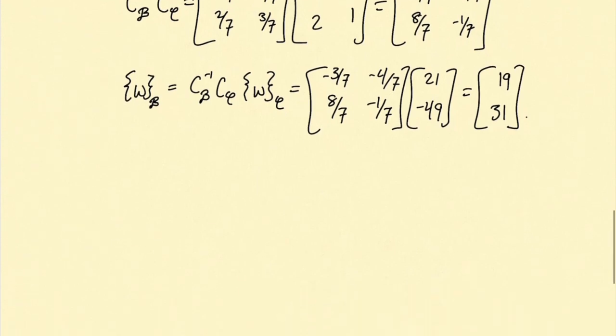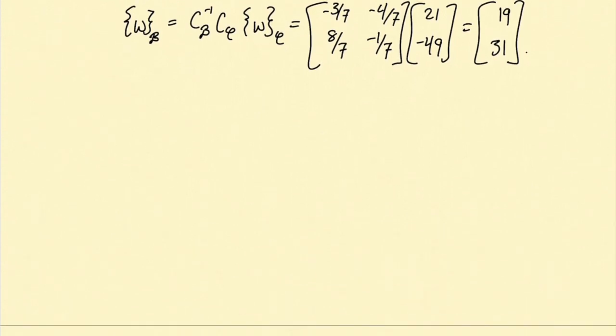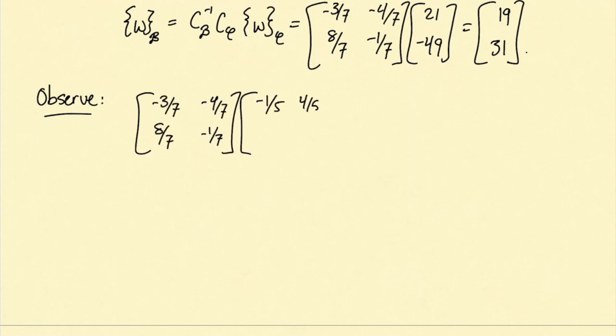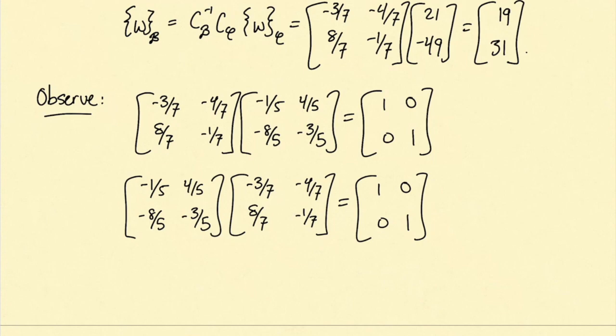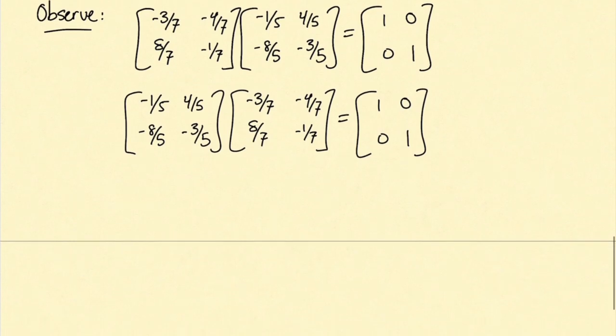As a note, we should observe that if we multiply these two matrices that we just computed together in either order, we'll always get the identity matrix. And this should not be particularly surprising if we view these conversions in the right way. To do this, we're going to introduce a little bit of notation.